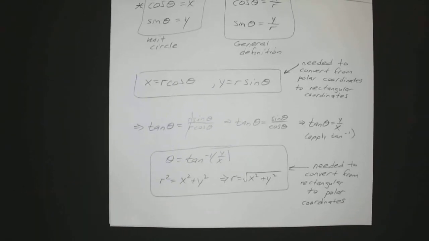There we go. Okay. Now from polar to Cartesian or polar to rectangular, it's the easiest one. Because you're just really plugging in your r and your theta.